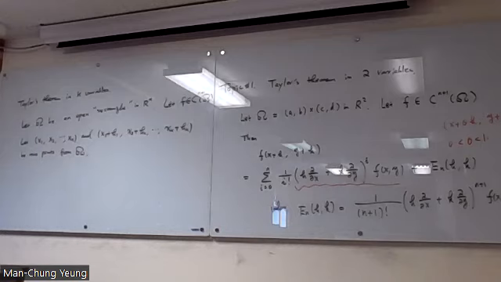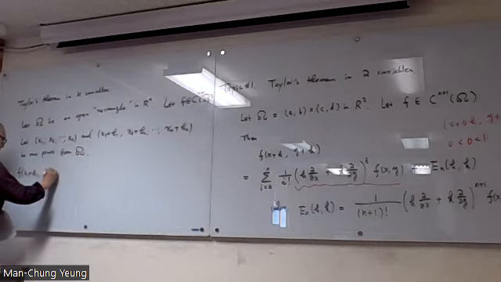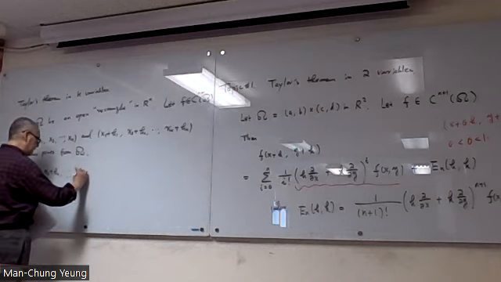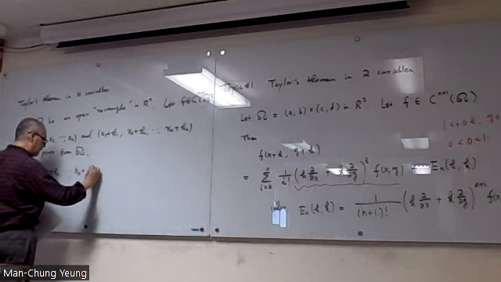Then we have the following Taylor expansion: the function value at x1 plus h1, x2 plus h2, ..., xk plus hk.